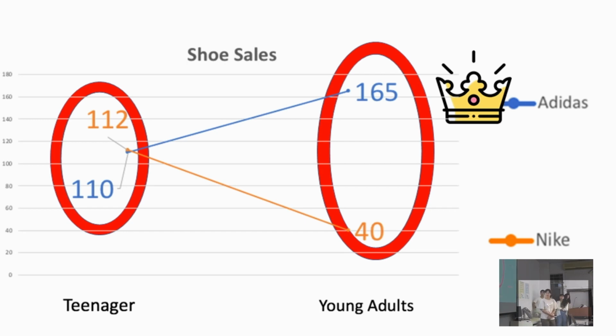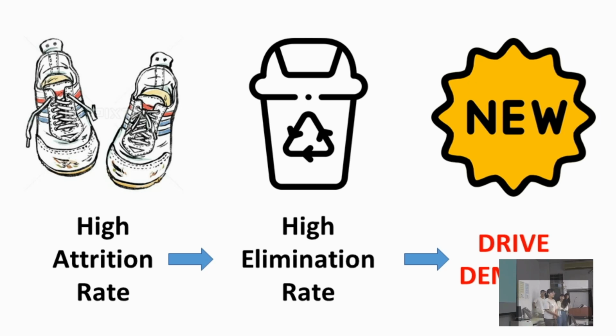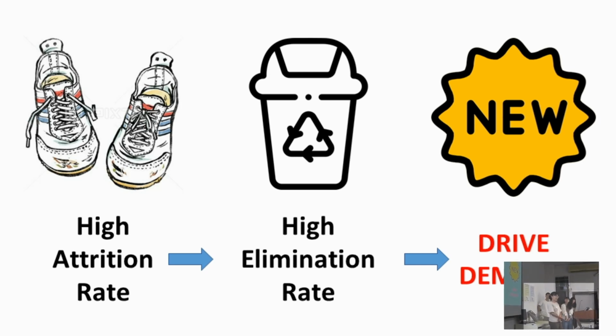From that, it can be inferred that one of our target customers, young adults, have a higher degree of preference for Adidas. And when comparing the two different kinds of shoes, it would say that basketball shoes have a high attrition rate. So therefore it has a high elimination rate.